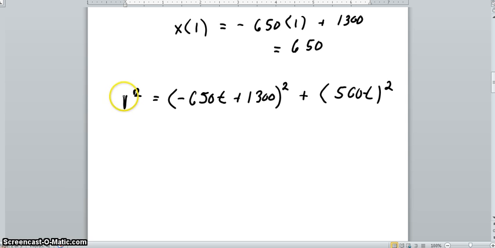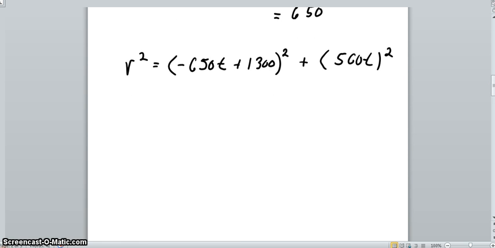Now what I want to do is find the minimum of the distance r. I didn't write that very well, r squared. I want to find the minimum of the distance r, so in order to do that we could take the square root of both sides, but knowing that I'm going to end up wanting a derivative, r squared will have the same minimum as r. So what I usually do is I usually just minimize the square of the function.